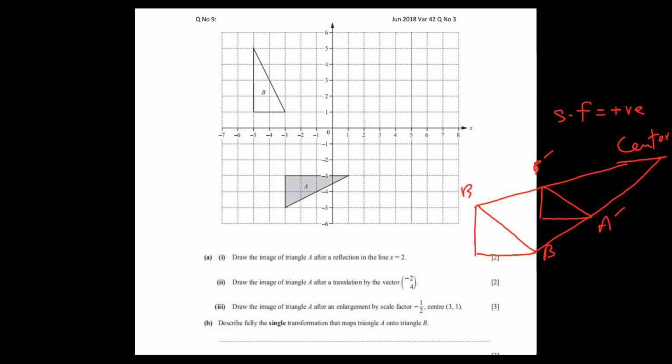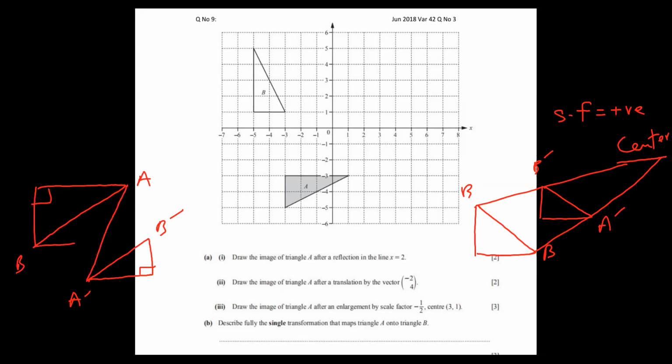But if sometimes the center comes in the middle, I will show you an idea first on the left hand side, please see here. For example, this is a triangle. Let's say we have this kind of triangle, A here and A dash here, and B here and B dash here, and here 90 degrees, here 90 degrees. Sometimes we have this kind of object. So when I join A with A dash and B with B dash, the center comes in the middle.